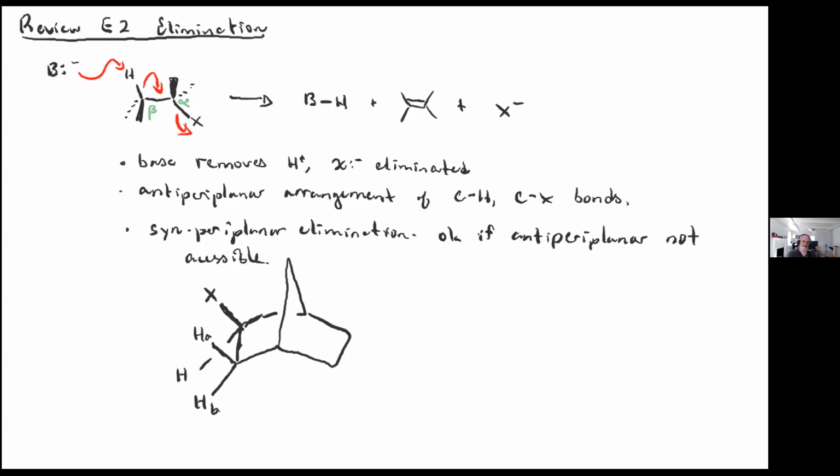If we have this substrate here and we want to do an elimination, if you look at the dihedral angle between HB and X, which would be the nominal anti-elimination, it is close to about 90 degrees.